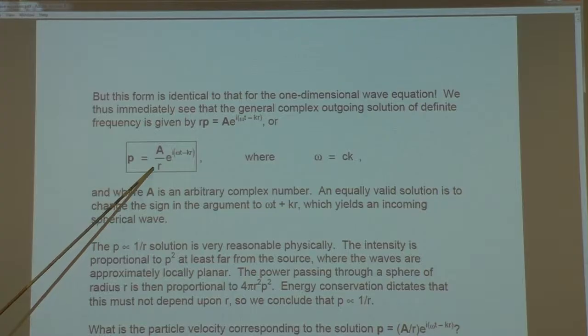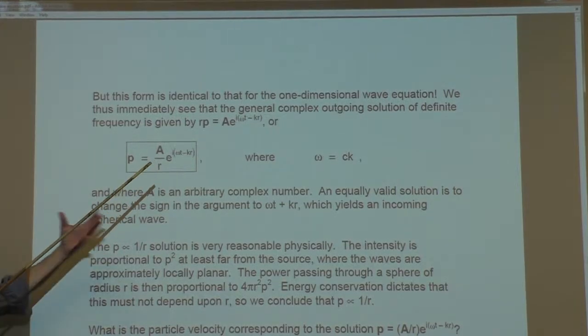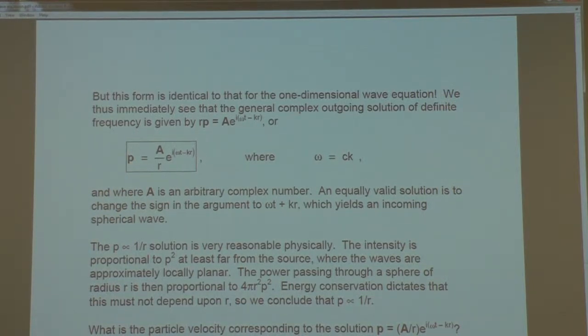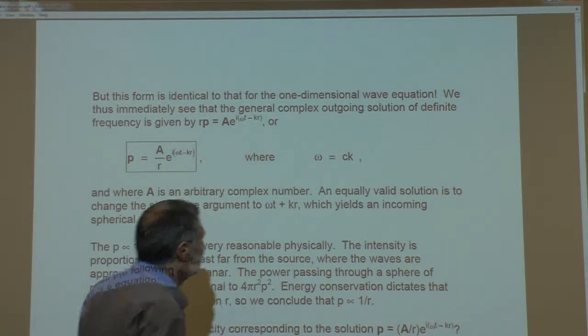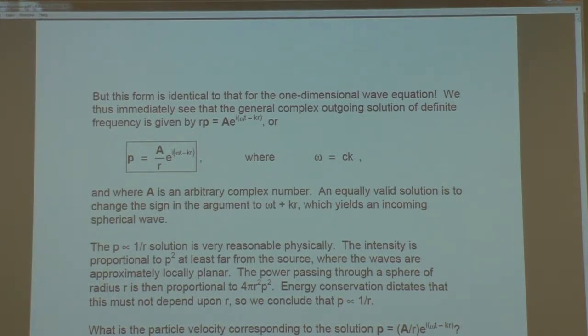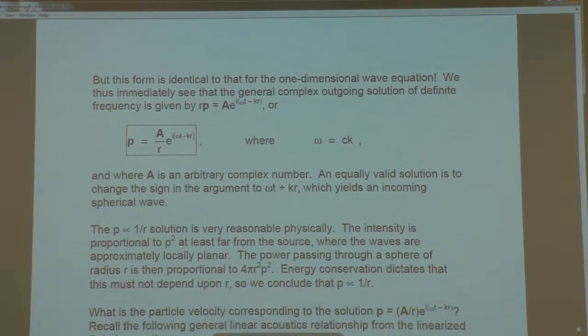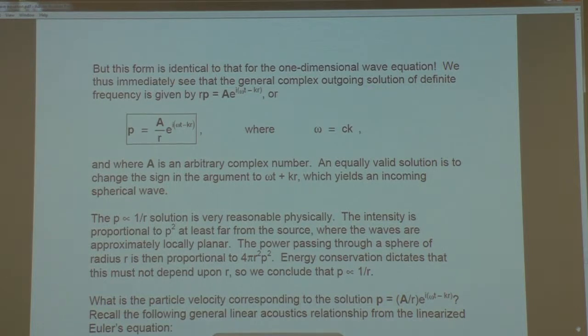Now, the solution is telling us that it falls off as 1 over r right down to the source. So we're going to have to see how that comes about when we calculate the intensity down here. But that's getting ahead of the story. The next thing we need to look at is the particle velocity. Okay? So we have this acoustic pressure here.